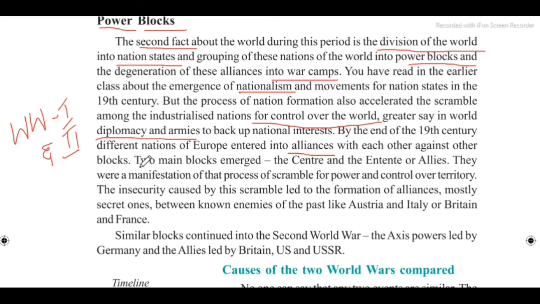Two main blocs emerged during the First World War. One is the Central Powers, headed by Germany, Austria and Hungary, whereas on the other side we have the Entente or Allies. The Allies were headed by Britain, France and Russia.